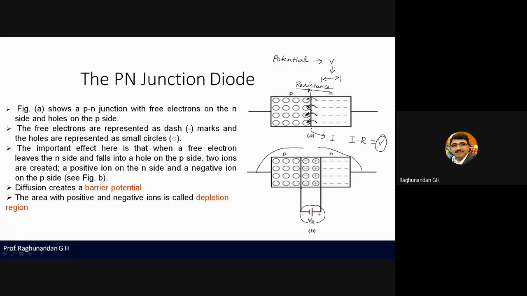If you connect that multimeter, or let us say just a voltmeter here, the voltmeter will show a voltage of 0.3 or 0.7. We have not connected the supply, but still we have 0.3 or 0.7 volt. How did we get this? We got this because of the charge movement across this resistance.